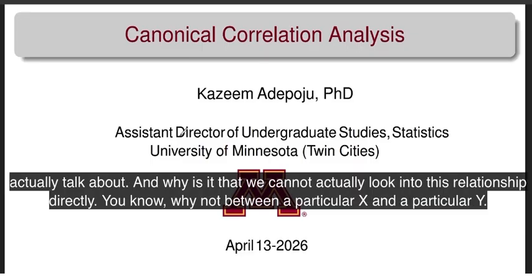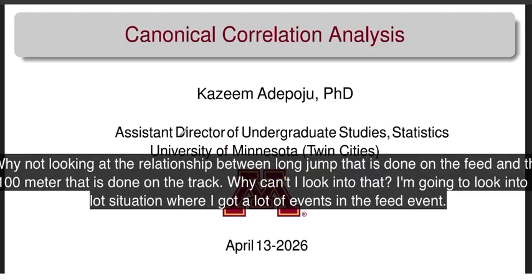And why can't we look at this relationship directly, between a particular X and a particular Y? Why not look at the relationship between the long jump done on the field and the 100-meter done on the track?